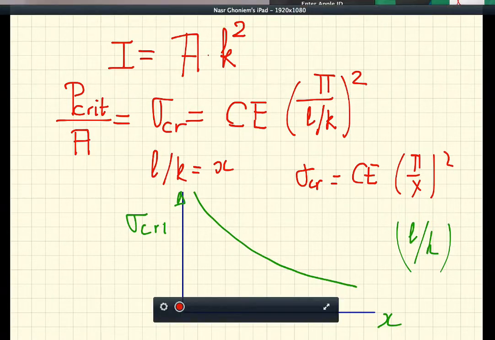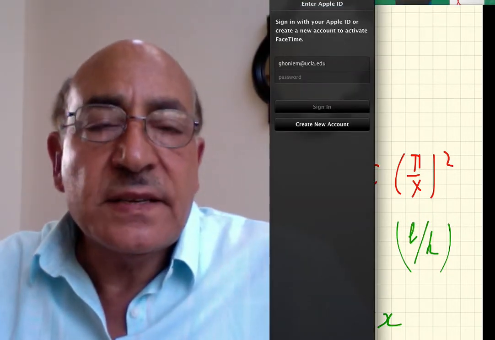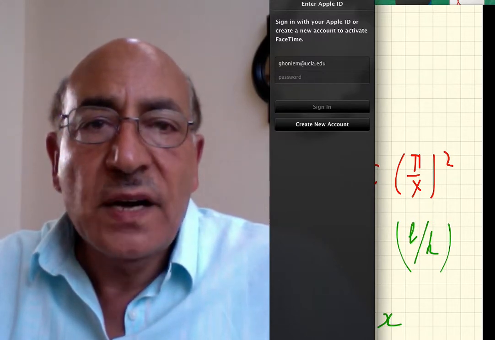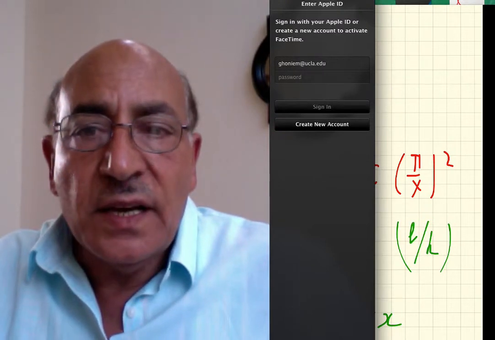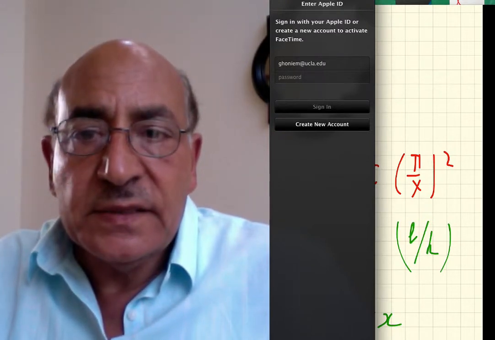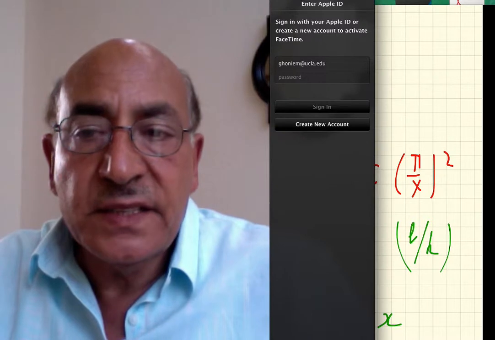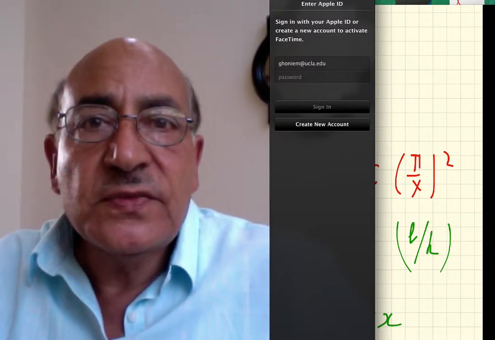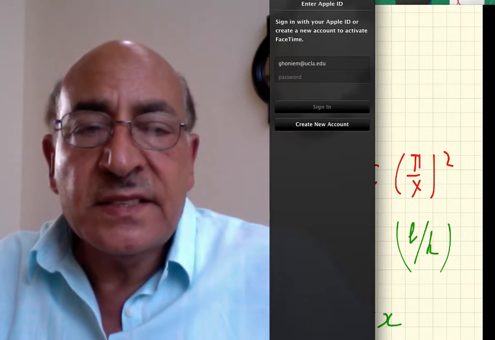So if you look at this behavior, then you see that we can get some real problems if we have L over K small, because the stress can exceed the yield point of the material. So we're going to define L over K as the slenderness ratio.